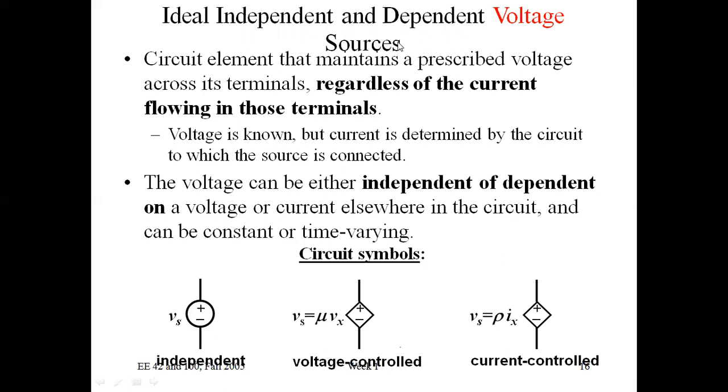That is nothing but the ideal independent and dependent voltage sources. The voltage can be either independent or dependent on a voltage or current elsewhere in the circuit, and can be constant or time varying.